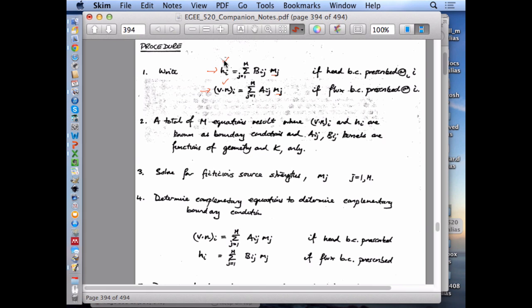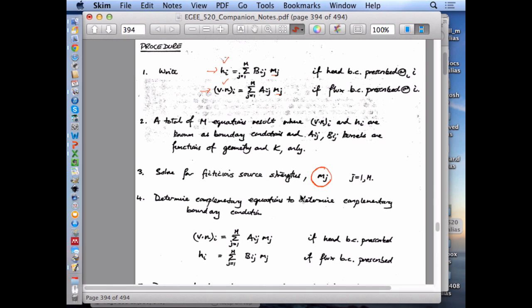And we'll have one of these equations written for every single element around the boundary. So we don't have nodes at the ends of the elements, we just have an equivalent source strength of this strip of element around it, and we look for the values at the center of it. We figure out from those boundary conditions what the values of the source strengths are that satisfy the boundary conditions.